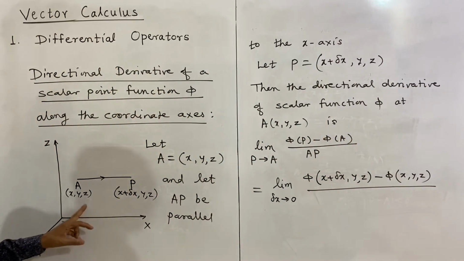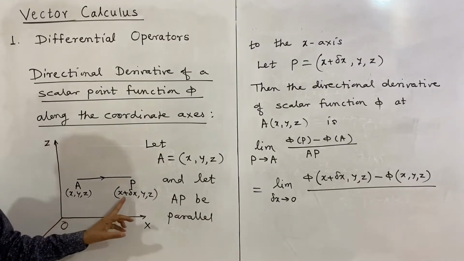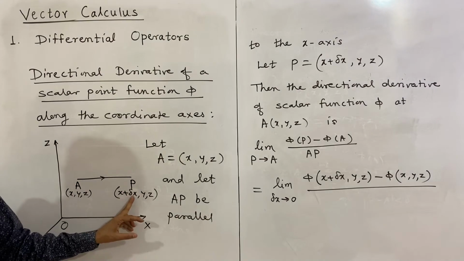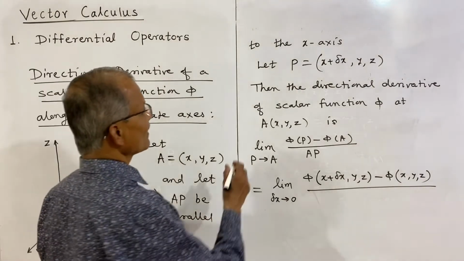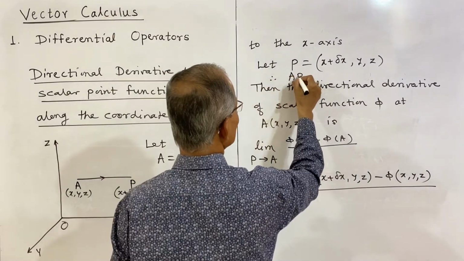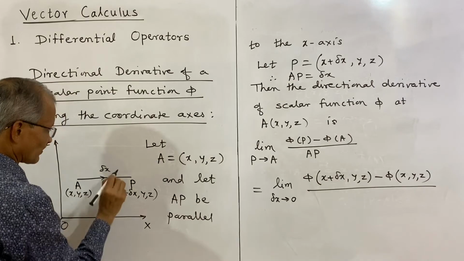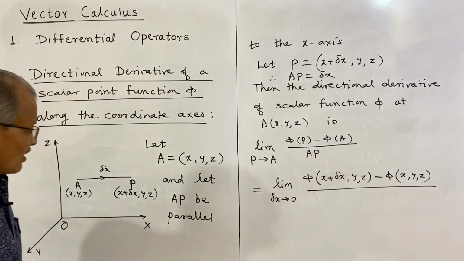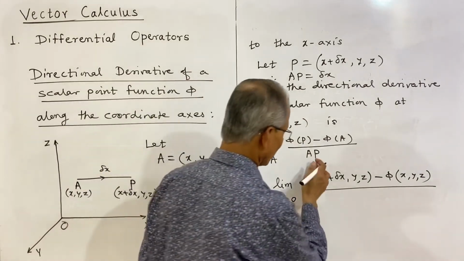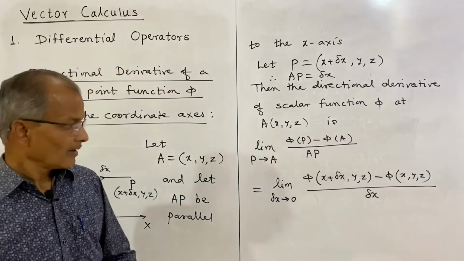Now what is the distance AP? The coordinates of A are x, y, z, and P are x plus delta x, y, z, and therefore AP is delta x. P tends to A means delta x tends to 0, divided by delta x. So what does this represent?